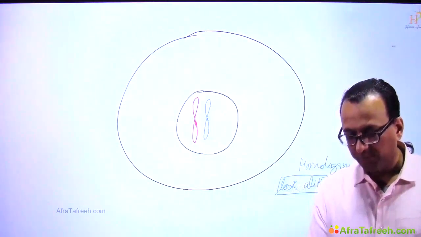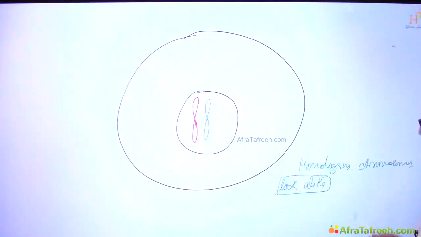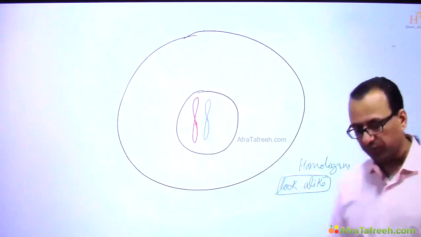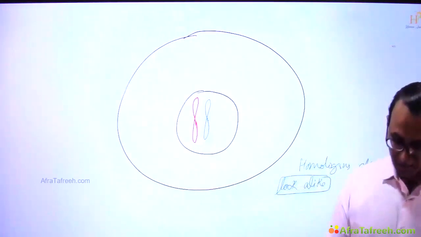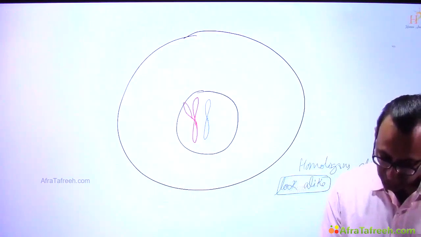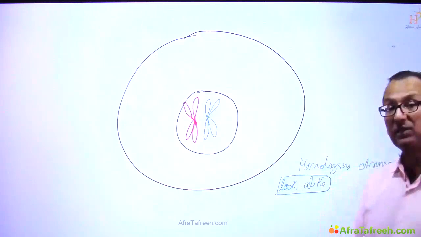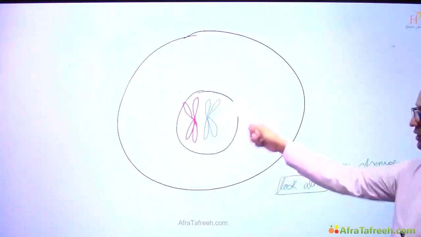What they do is, before they undergo cell division, they have to duplicate their DNA. So it will be like this after some time, that you can see what is called the sister chromatids.